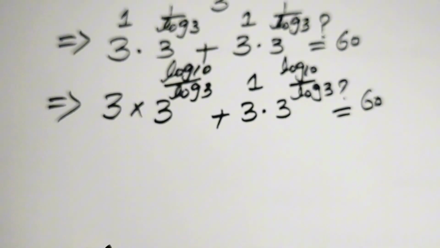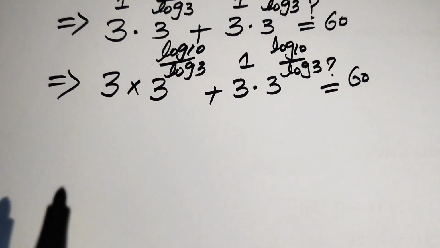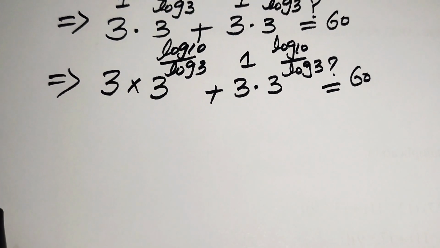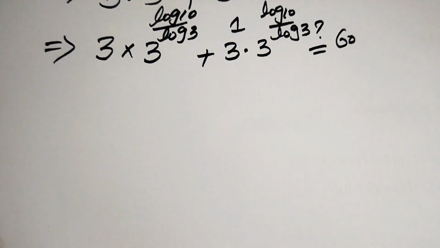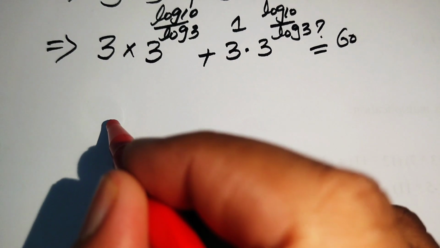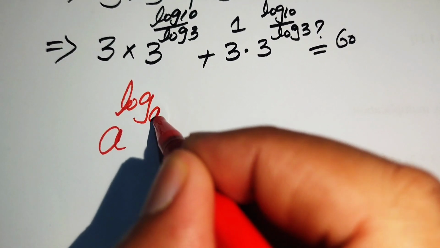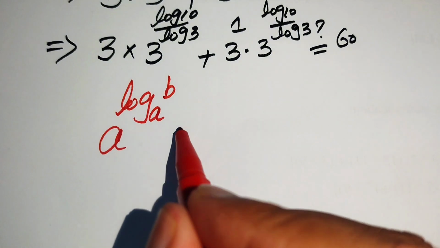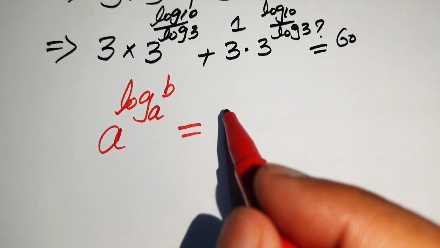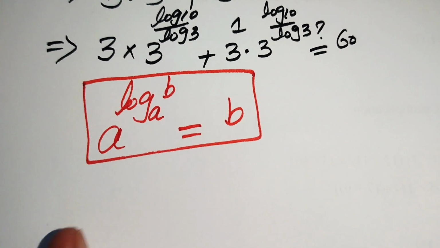In the next step we use another nice fact, which we first state here. We know that if we have a to the power of log with base a and exponent b, the output of this exponential function is equal to b. So we use this nice fact here.